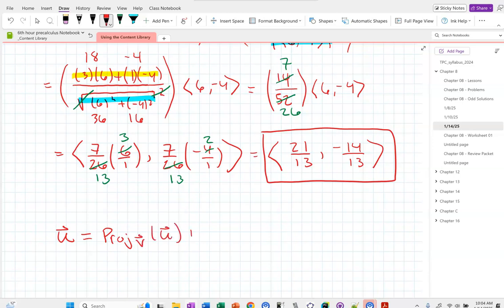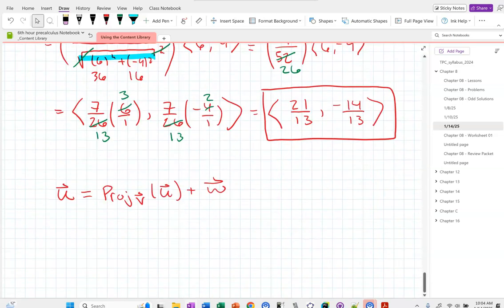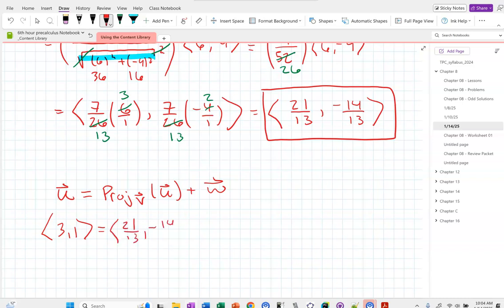All right. So that's the first part of the problem. It then wants us to break u up into the sum of these two orthogonal vectors, right? So I know that u was the vector 3, 1. The projection vector we just found.